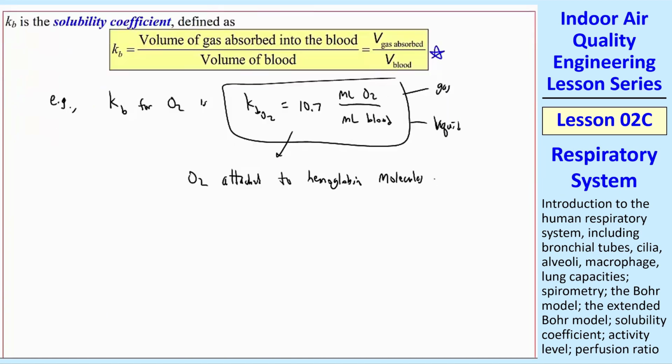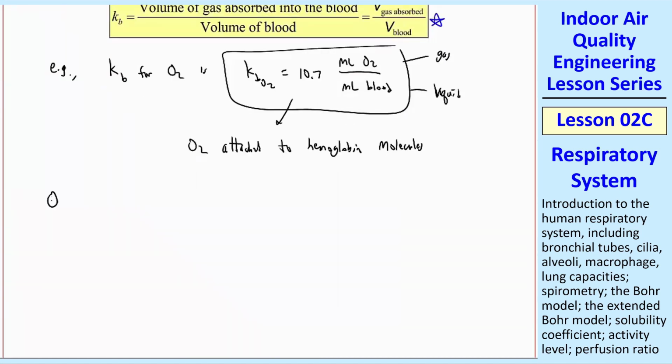So let's define a few other things here. Define QT as the tidal ventilation rate. We talked about VT, which is tidal volume. Q is a volume flow rate, so this is the tidal ventilation rate. This is all in this extended Bohr model. So it's the average volumetric flow rate of the air breathed in at rest. So QT for tidal is VT, the tidal volume, times F, where F is the breathing frequency, usually per minute.